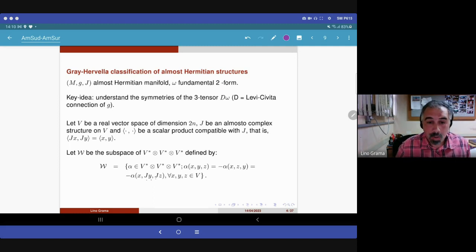In this case, alpha will be these three-tensors satisfying this.